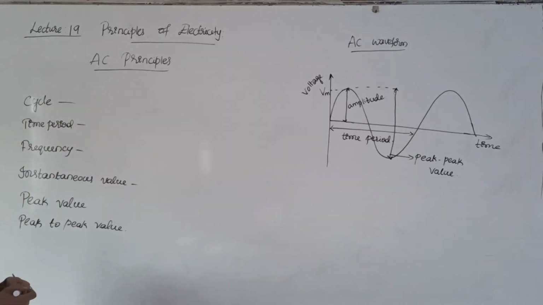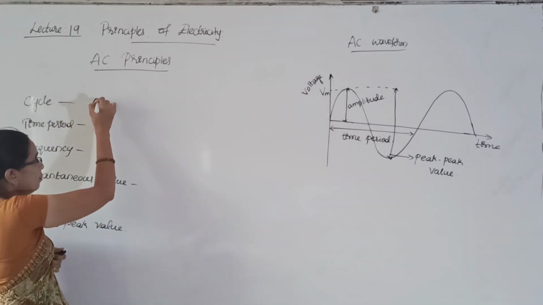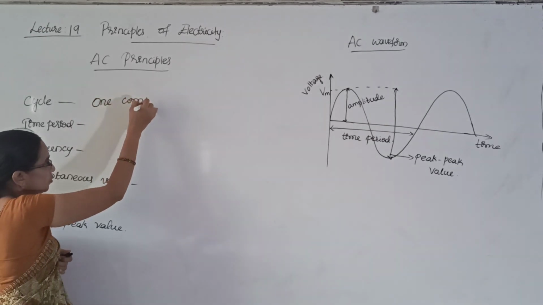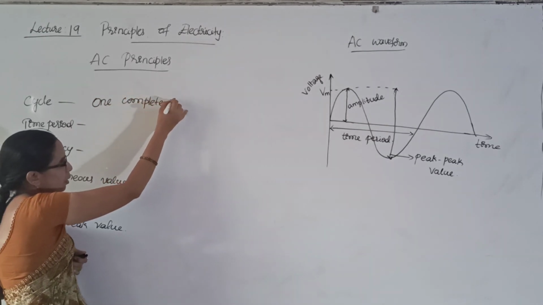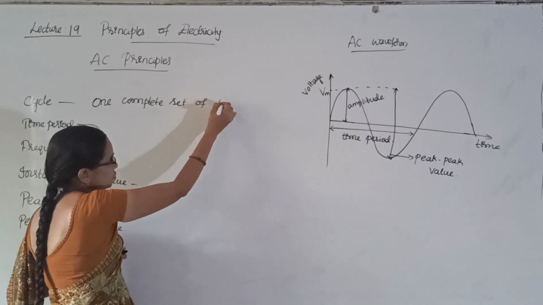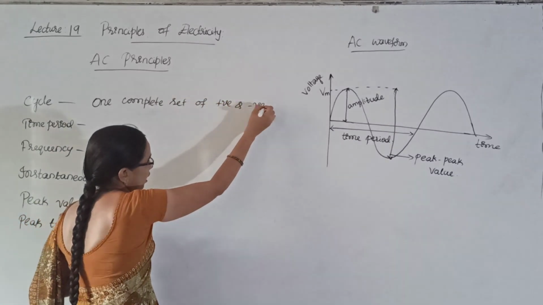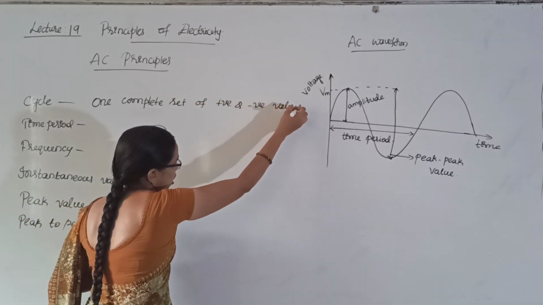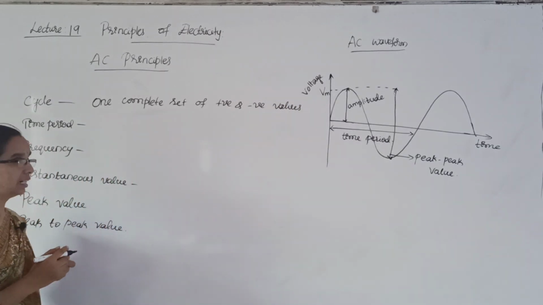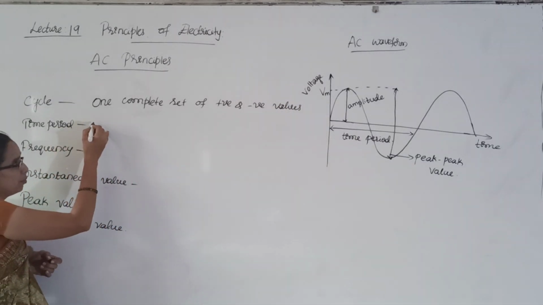What do you mean by cycle? Cycle is nothing but one complete set of positive and negative values of either voltage or current. What is time period?